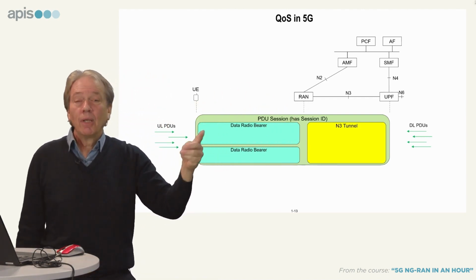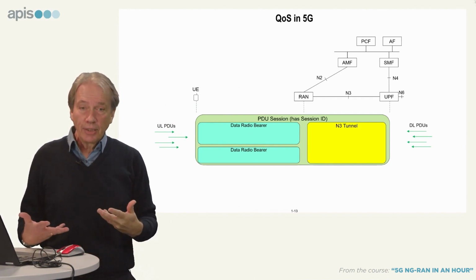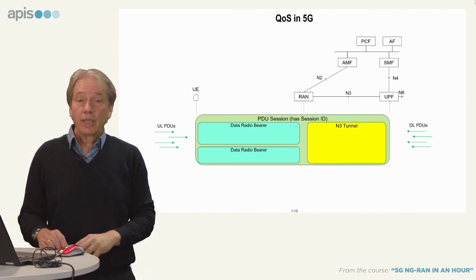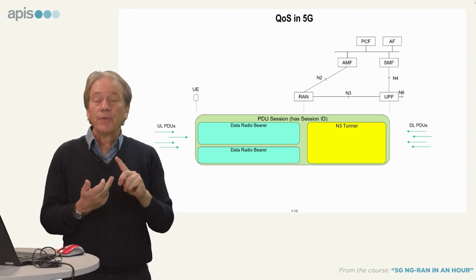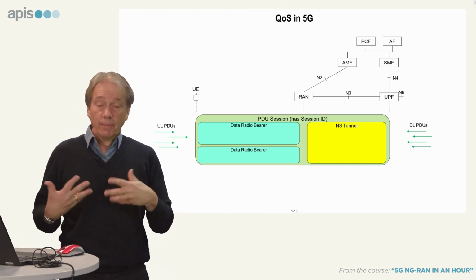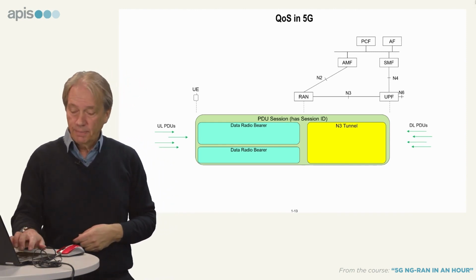In this example, there are two data radio bearers because I decided so. In reality, there can be one data radio bearer for a session, there can be two, there can be three, there can be four, there can be, in principle, any number of data radio bearers in a session.